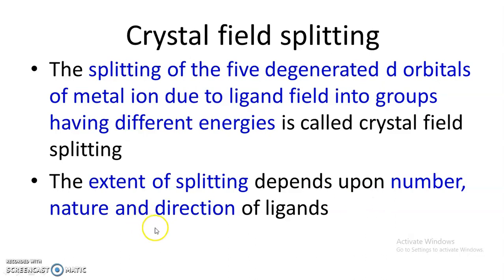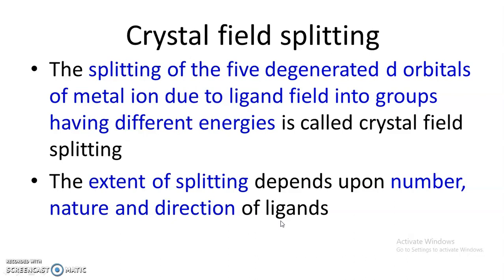Similarly, it depends upon the nature of ligands. If there are strong field ligands, splitting will be more, and if there are weak field ligands, splitting will be less. And the extent of splitting also depends upon the direction of ligands. When ligands approach the d orbitals directly, then splitting will be more, and when the d orbitals are away from the ligands, then these d orbitals will be less affected.